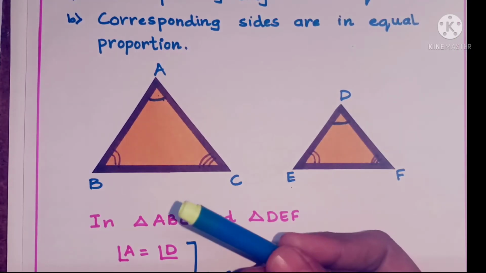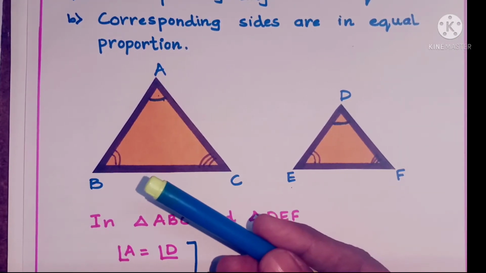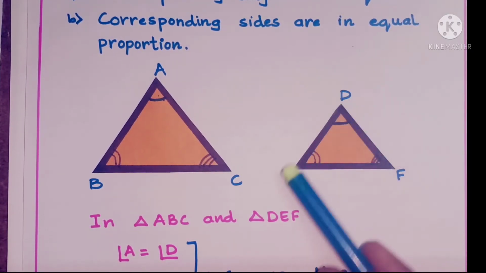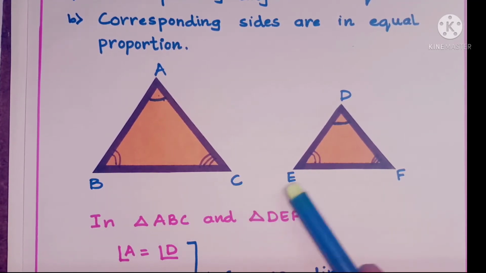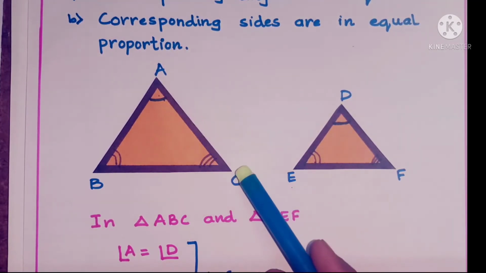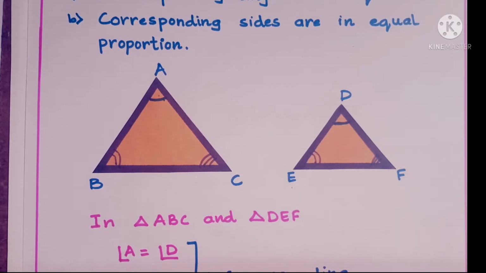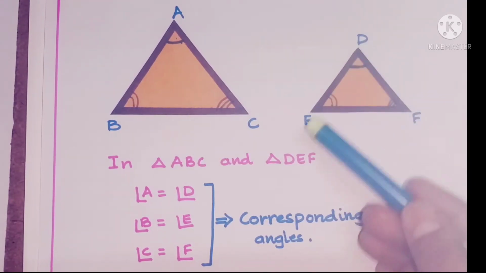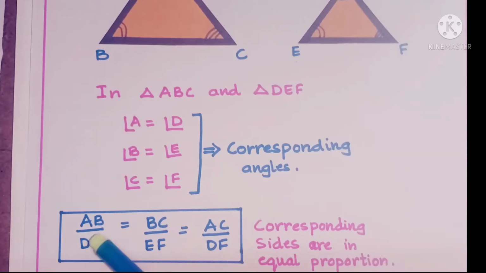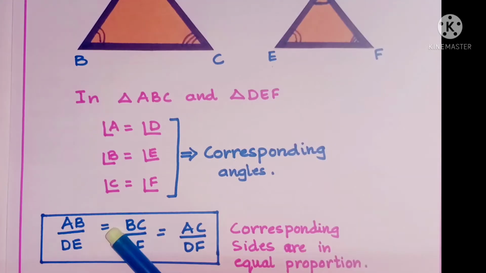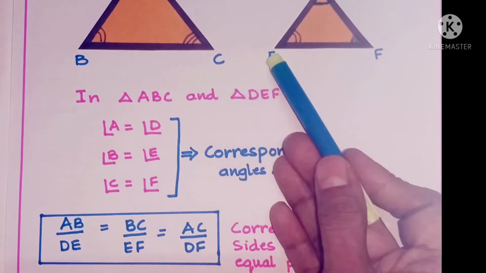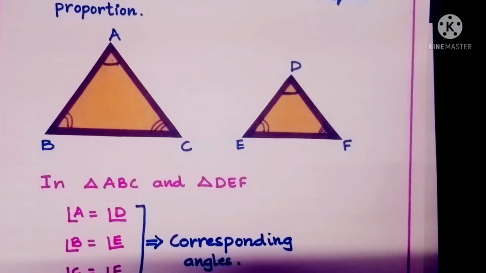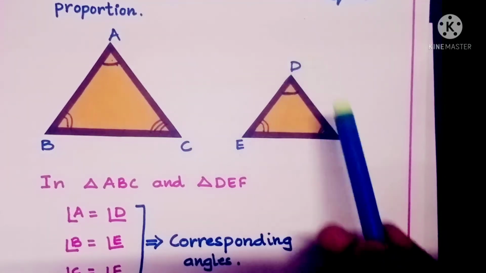Now we will come to the concept of corresponding sides. Which are the corresponding sides? AB corresponds to side DE, BC corresponds to side EF and AC corresponds to side DF. Now we should say that AB by DE is equal to BC by EF, which should be equal to AC by DF.